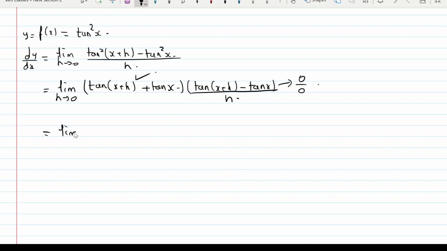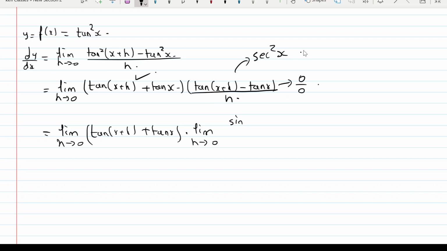So this is limit as h tends to 0 tan of x plus h plus tan x into limit as h tends to 0 tan of x plus h minus tan x upon h, which is the derivative of tan x, we know what this gives. So we have derived it. Its answer is sec square x. You can see the previous part where I have derived d by dx of tan x.